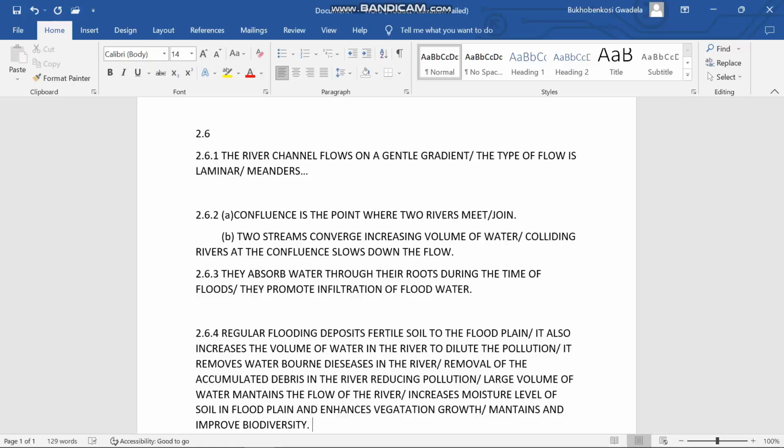So you can try to connect those sentences and put them in your own way, making sure that the main terms and the main reasons are there.